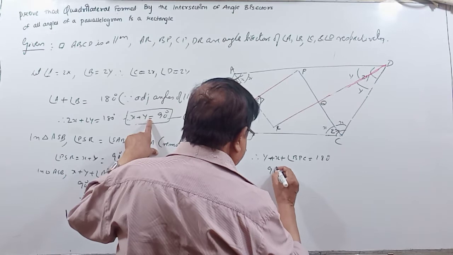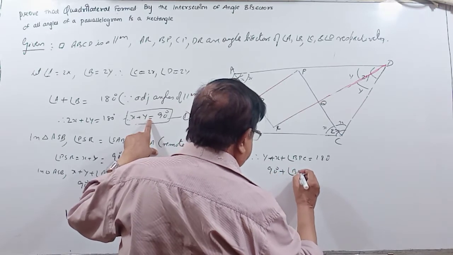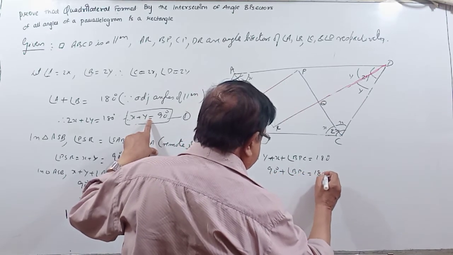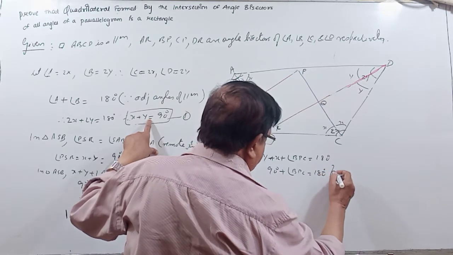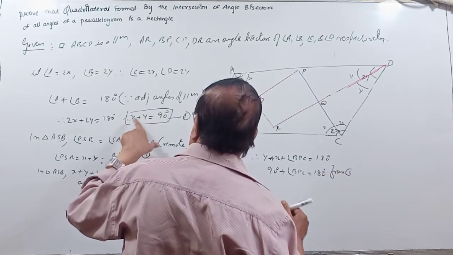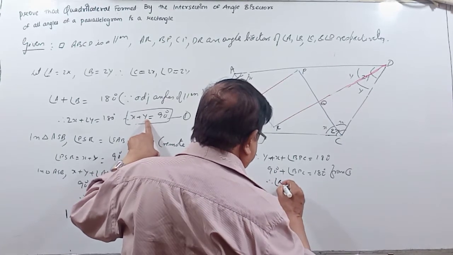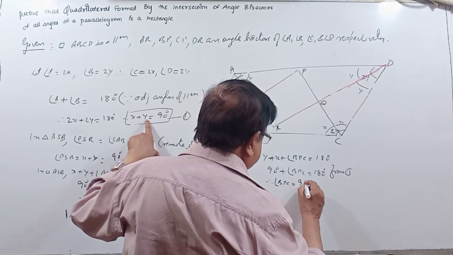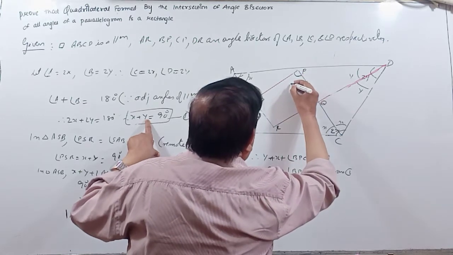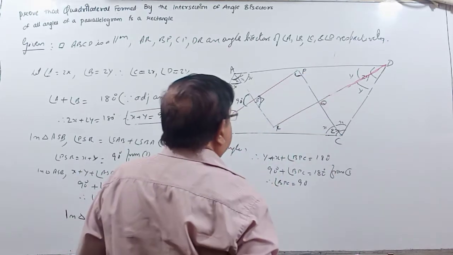Therefore, 90 degrees plus angle BPC equals 180 degrees. Therefore, angle BPC equals 90 degrees. This is also 90 degrees.